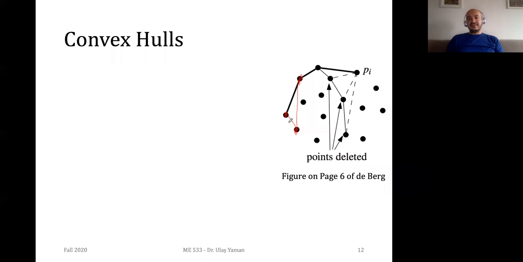And if you look at the turn we have at the center, obviously this is a left turn. So that's why I'm going to delete this one, the intermediate one. I'm not going to include it since it results in a left turn. So I will delete and add another point.